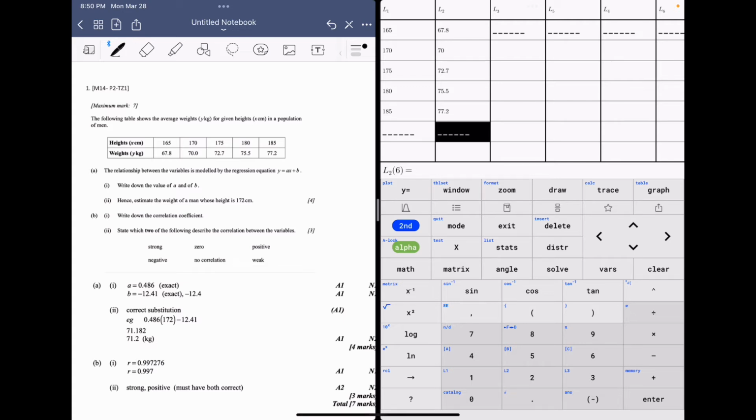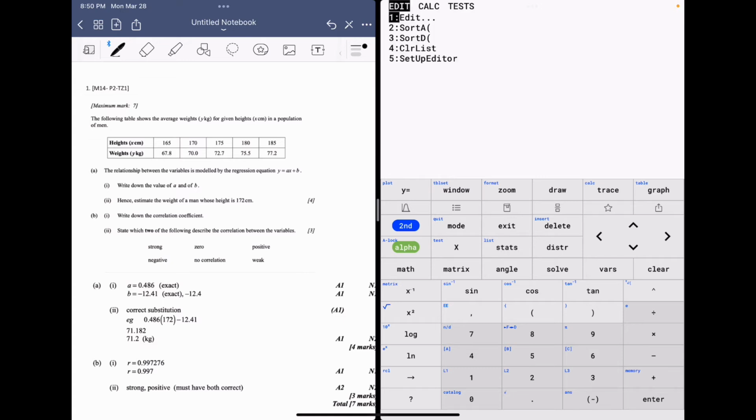The relationship between the variables is modeled by the regression equation y is equal to ax plus b. To check for that, you again press the stat button, go in calc. You can see the fourth option is LinReg ax plus b, or LinReg a plus bx. Right now we want ax plus b, so I'm choosing option number 4 and enter.